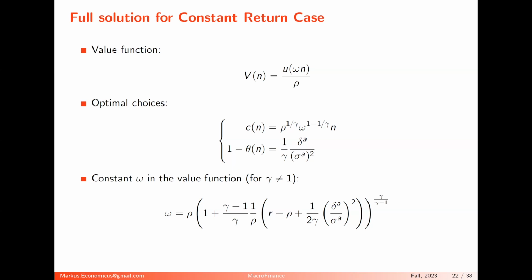Now, once you go to constant relative risk aversion, it gets more involved. It's also numerically more involved, but in a model, as a first step, you always start, I would say, with log utility to solve that. And then once you've solved that, you later try the constant relative risk aversion model. And that's what Julie and I did many times.